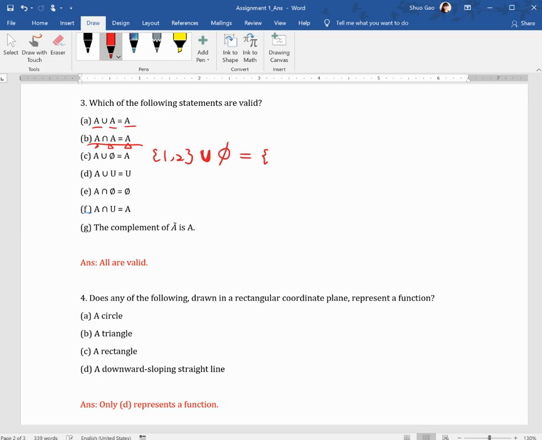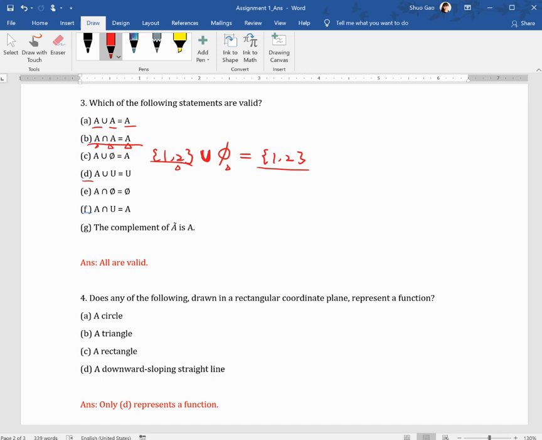So what kind of elements appear in the sets? For the first set, we have 1 and 2, right? For the second set, it's empty. So there's no element in this set. So we only have 1 and 2 in our union set. And we can see that after taking the union, the result set is still the same as set A. Right? So any set union an empty set is the set itself. Right? Doesn't change.